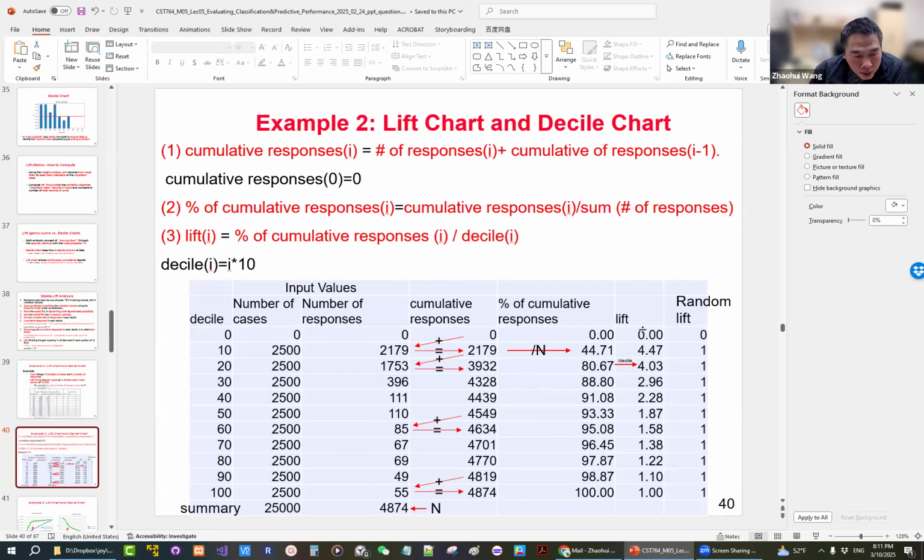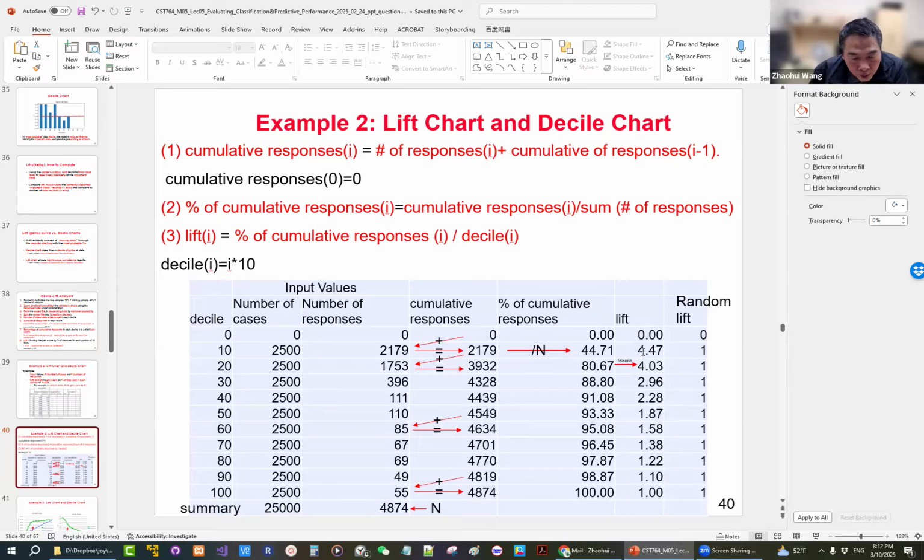Then we calculate the next column, the lift value. The lift value is the percentage of cumulative response divided by the decile value, where decile I is the first column. So 44.71 divided by 10 is 4.47. Then 80.67 divided by 20 is 4.03. Next, 88.8 divided by 30 gives 2.96.